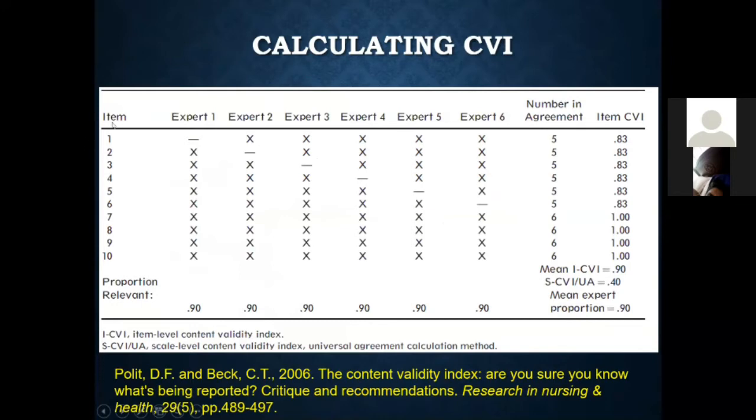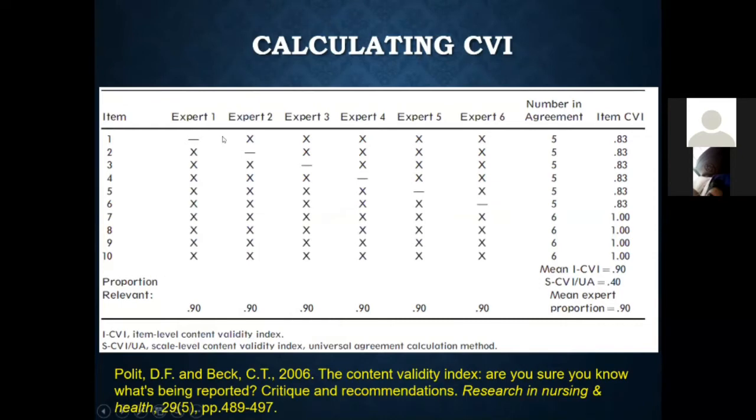So this is how to calculate the Content Validity Index. Let's say that you have 10 items and 6 experts. To calculate the item Content Validity Index, or I-CVI, you need to calculate the percentage of agreement.